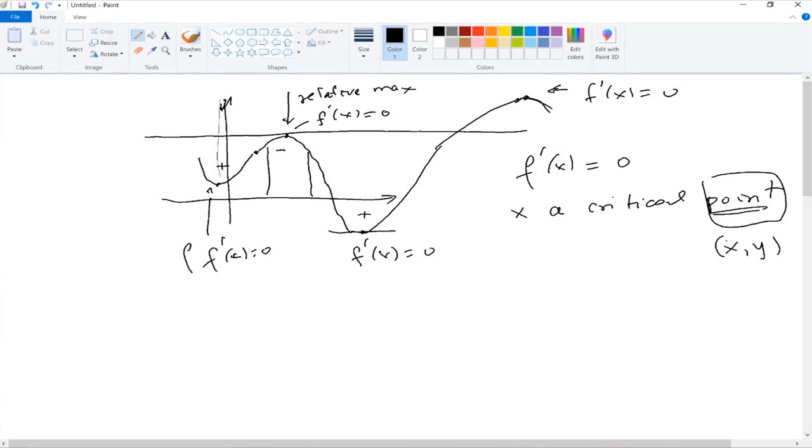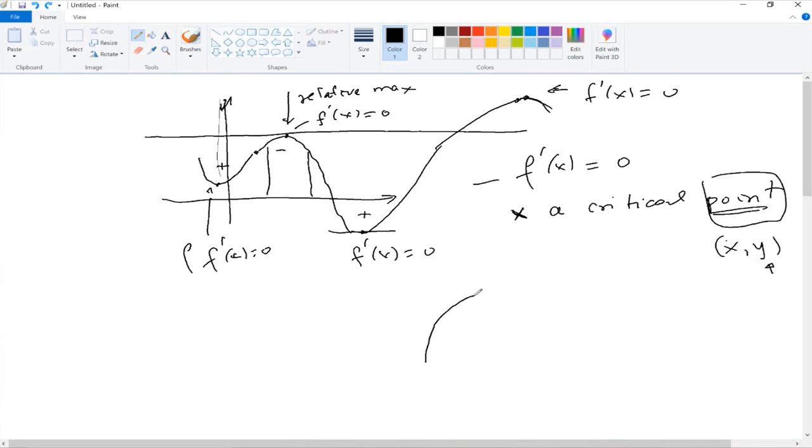To find the real point, you have to calculate the y also. But the calculus gives you the x. How do you find the x of those critical points? Using the derivative, making it equal to 0, and then find x as an equation, you know?